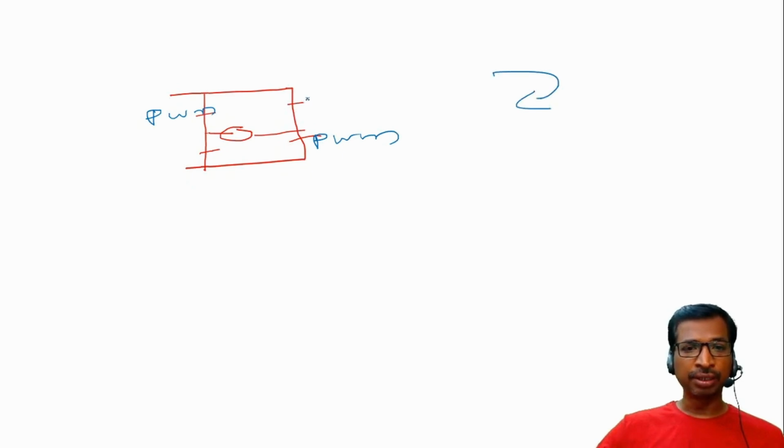Similarly for this one, this is the pulse and then this is the pulse, then the motor will be in the reverse direction. By changing the duty cycle, we can get variable voltages.